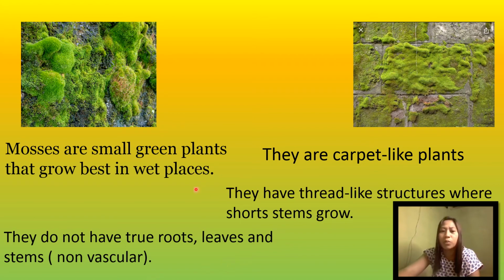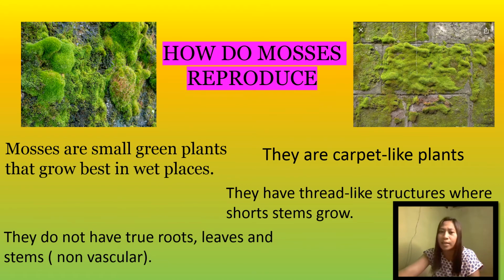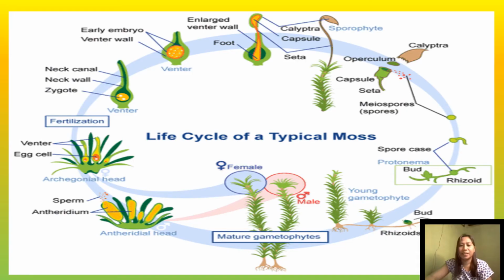Okay, now how do mosses reproduce their own kind? Alright, so let us now have the life cycle of a typical moss. This can be seen on your module on page 5.